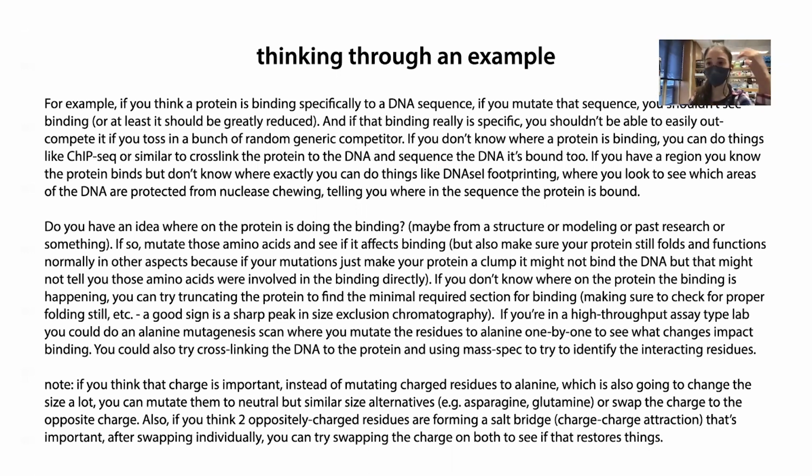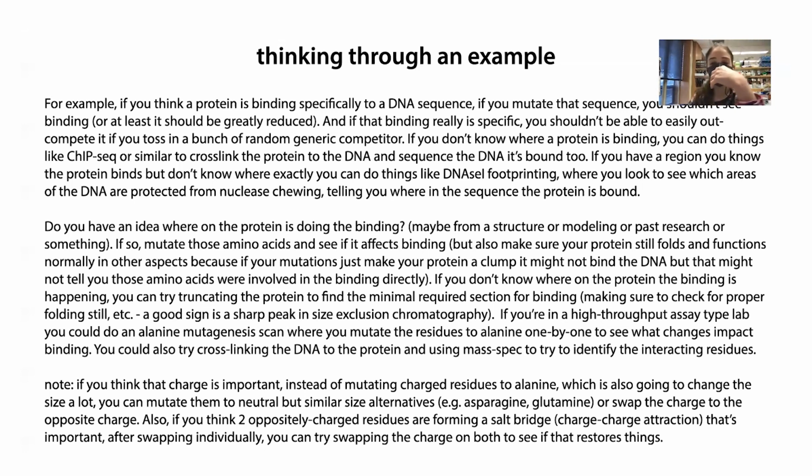But if the protein has some other function that you can test, to make sure that you didn't mess up something else, like an enzymatic function, maybe you have a test of that enzymatic activity. You can see, okay, my mutation didn't mess that up, and I have this nice peak, so my protein's probably fine otherwise. And so this is likely a site that's actually involved directly in the binding.